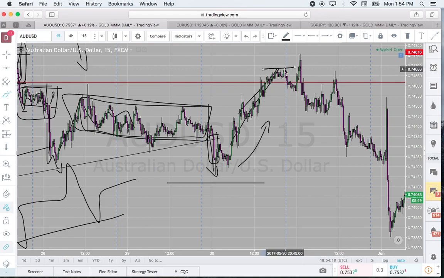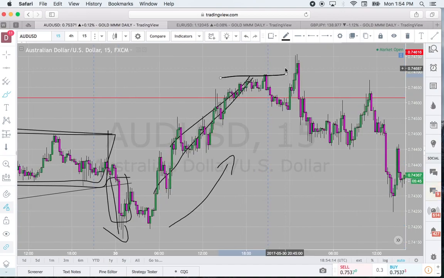Let's say you bought here, you're at $100 right here. You look at your screen, you've made $1,000. Price comes down, you get emotional. You think about closing your trade. What does the dealer do?